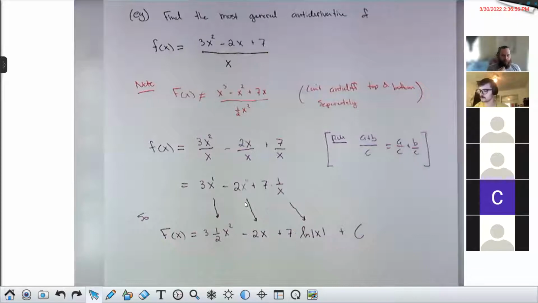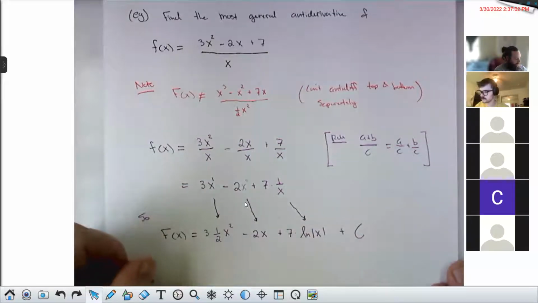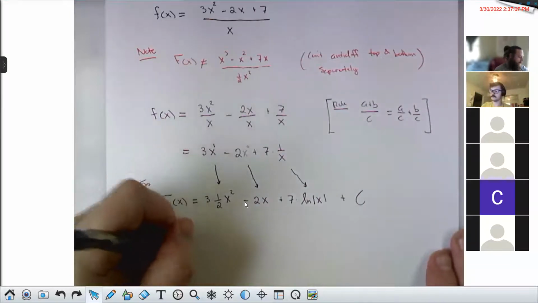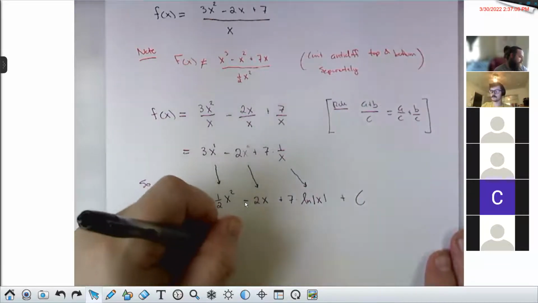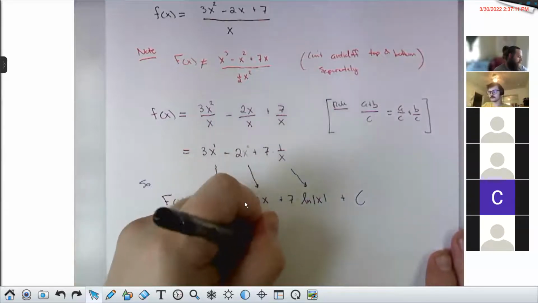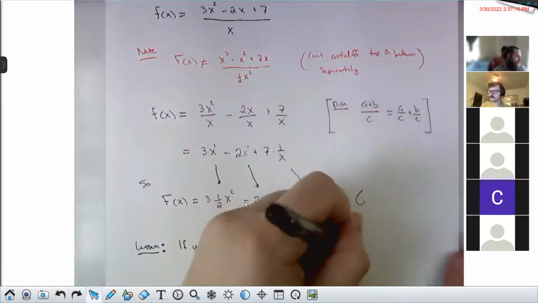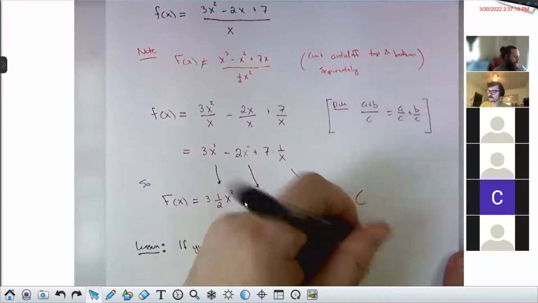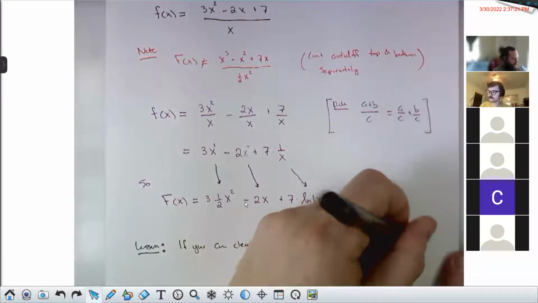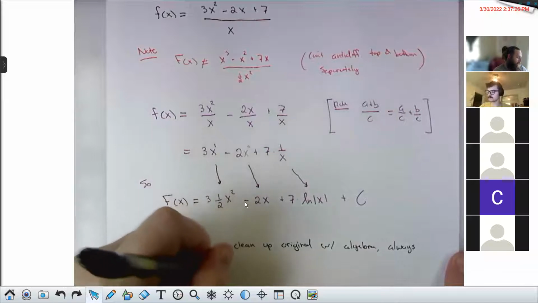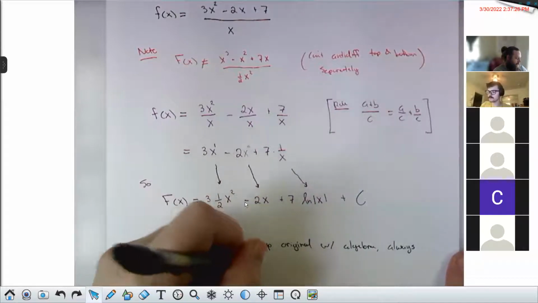It's not too bad. The lesson here is one that we've bumped into many times. If you can clean up the original thing with algebra, always do that before attempting the calculus.